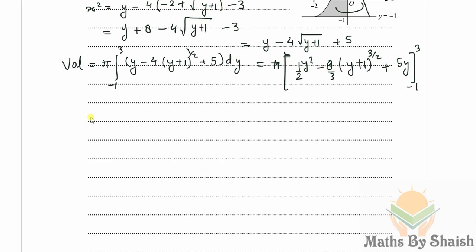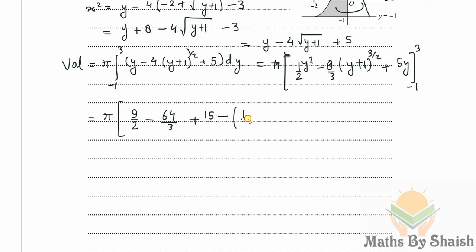Then the volume will be π times, when you put the upper limit y = 3, 9/2 minus, since 3 + 1 is 4, the root is 2, cubed is 8, so 8 × 8 is 64/3, plus 5 × 3 is 15. Then minus the whole thing at the limit -1.